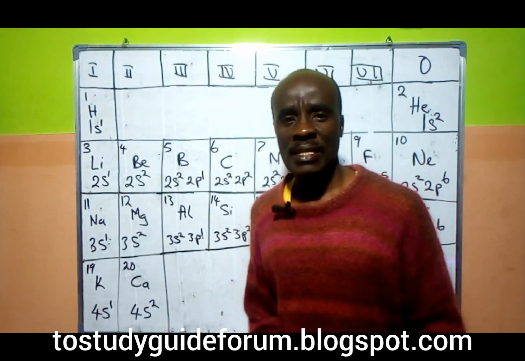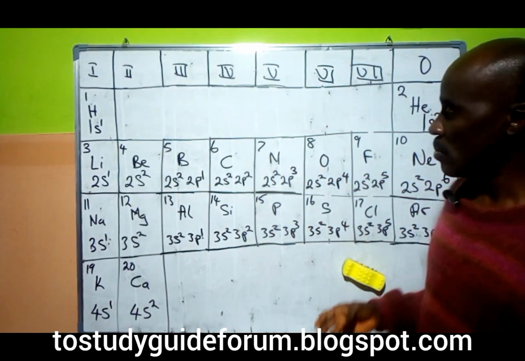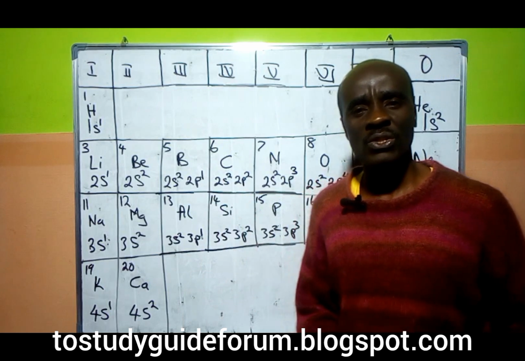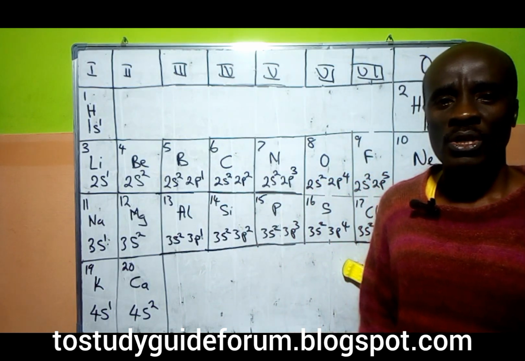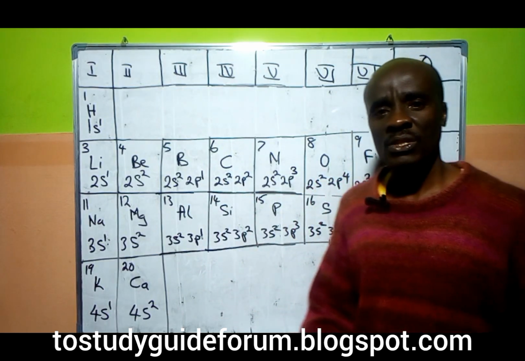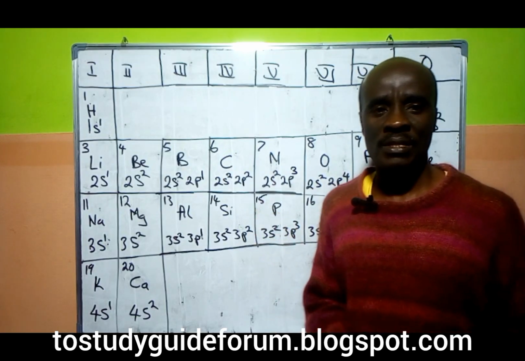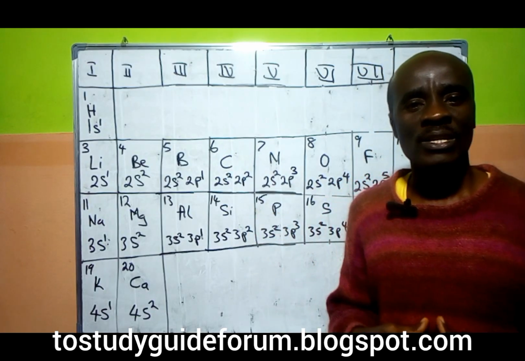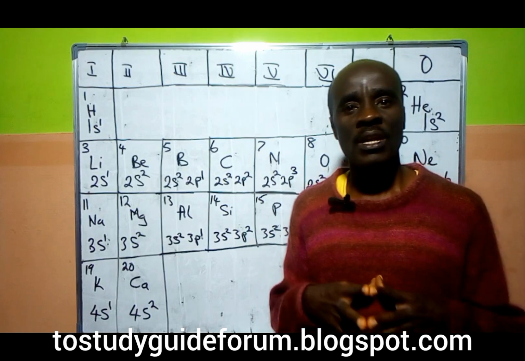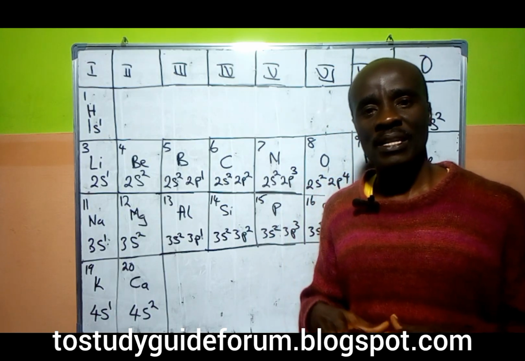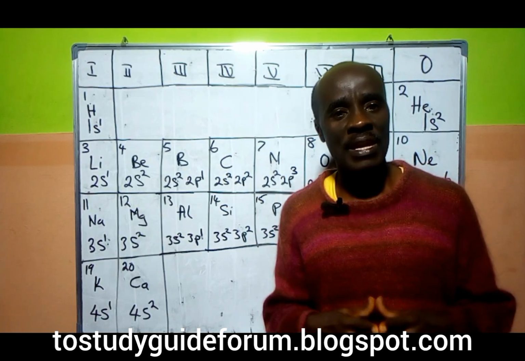But as time goes on, when they discovered the atomic structure, scientists discovered that actually it's not all about the relative atomic mass, or rather it has something to do with the atomic number itself. The atomic number plays a very important role.